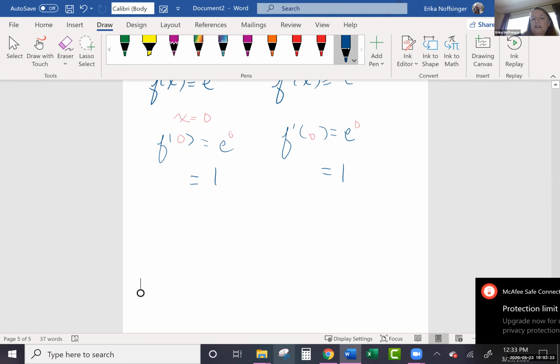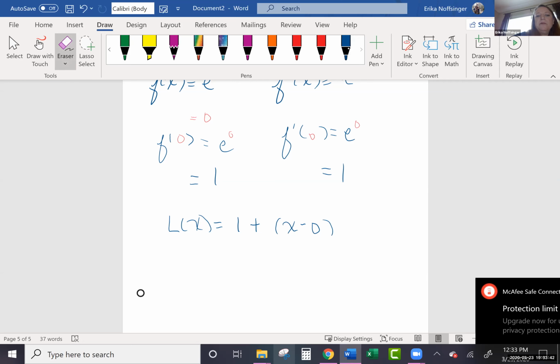And so we know that L of x is equal to f of 0, which is 1, plus the derivative at 0, which is 1, times x minus a, which is 0. I'm going to rewrite that. I said x equals 0, but we were looking at a equals 0.